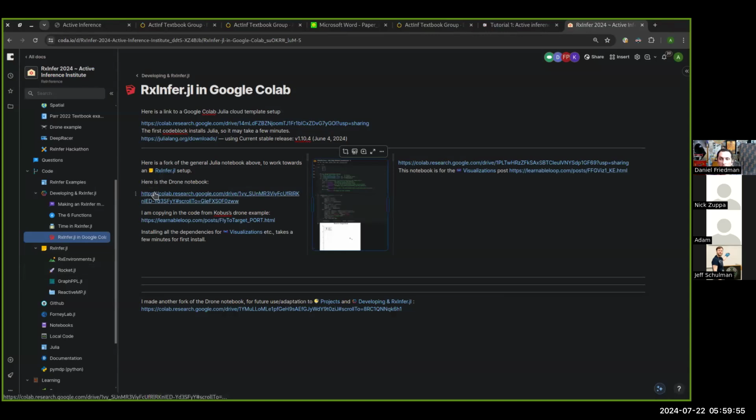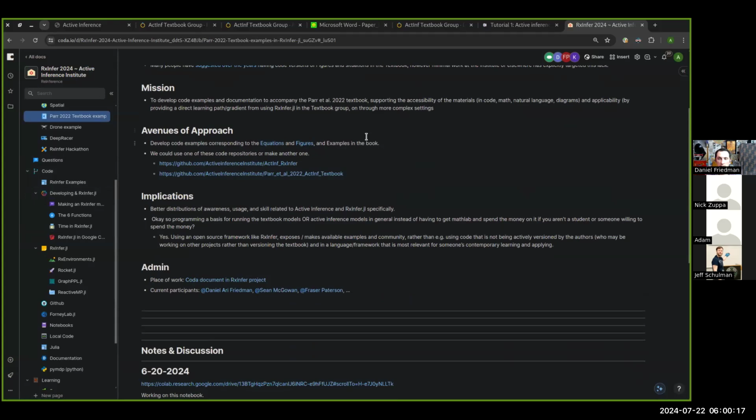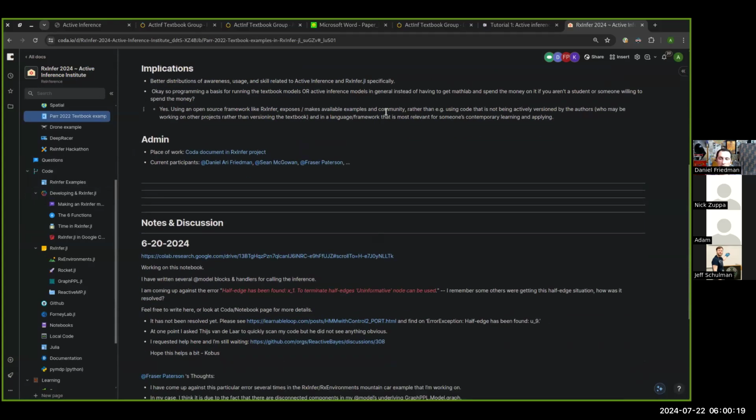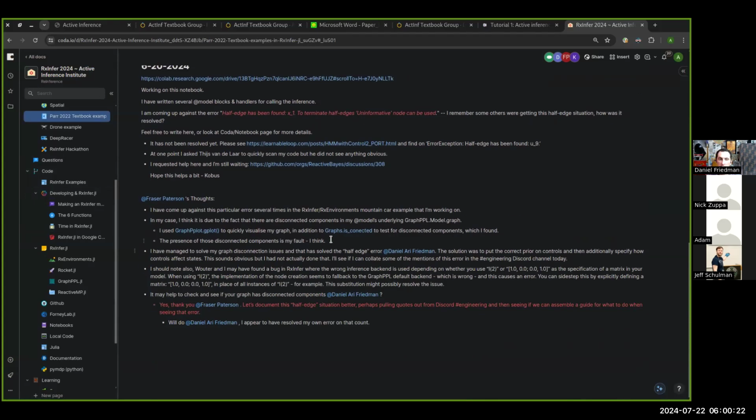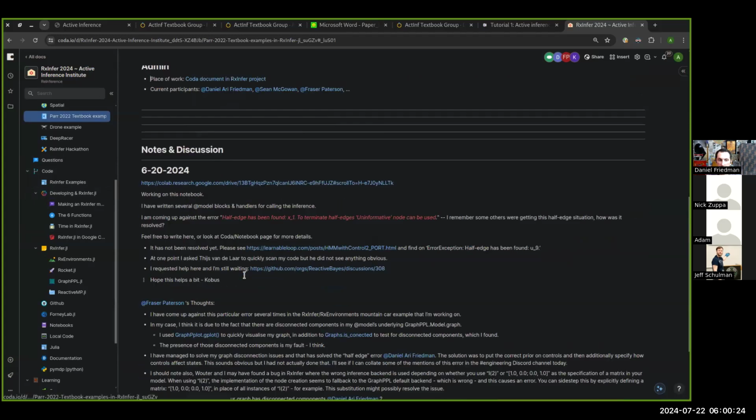There are some pretty major structural differences between PyMDP and RxInfer in terms of how you set the table, specify the main course, etc. If people want to learn more, they could explore that document. And then also, we're working to have all of the textbook examples for the textbook in ActInf.